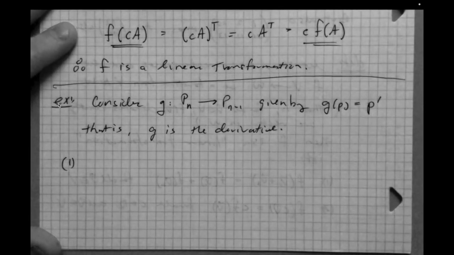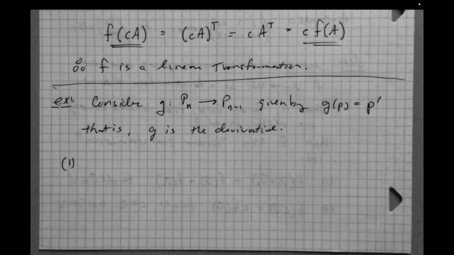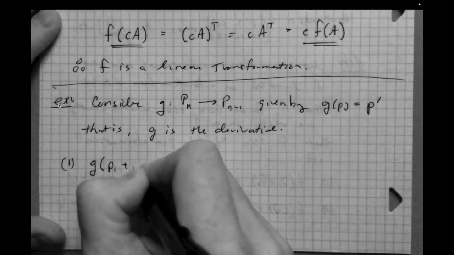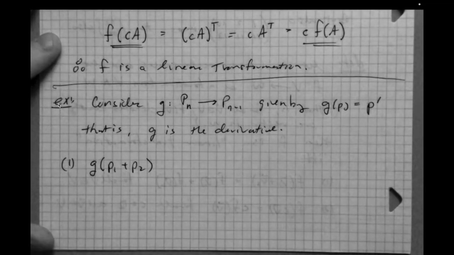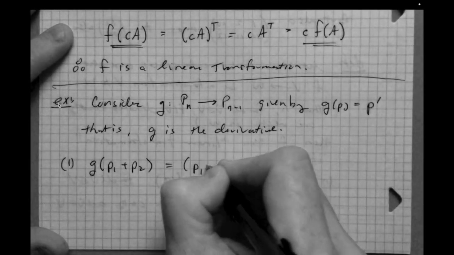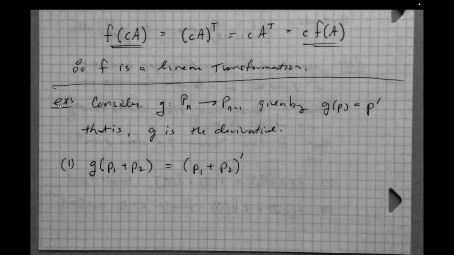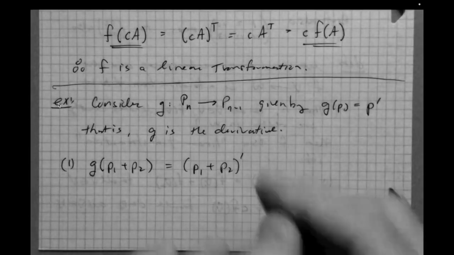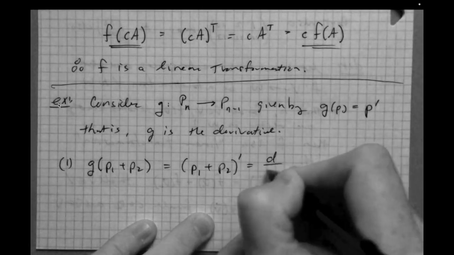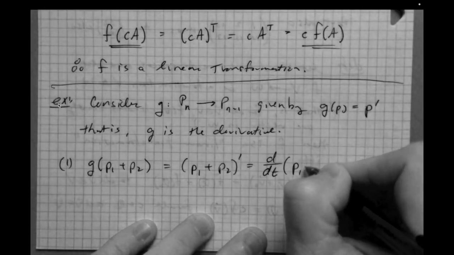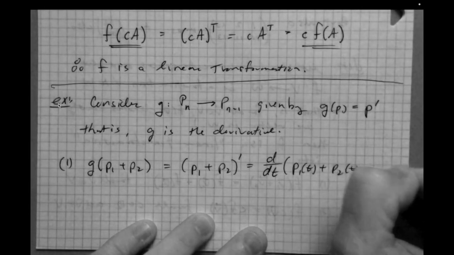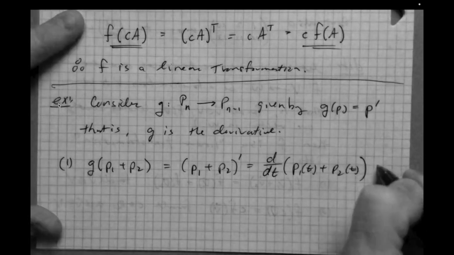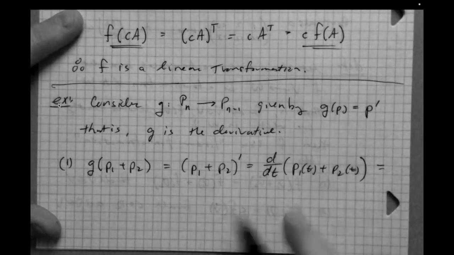So first thing we need to show is that when we apply g to the sum, we get the same answer as if we apply g separately and then added, right? So we'll start with g of p1 plus p2. Okay, and so that just is equal to the derivative of p1 plus p2. Now, you may recall from calculus, let me write it slightly differently. If I take d/dt of p1(t) plus p2(t), this is sort of the notation that we're used to from calculus. I know that I can break the sum apart, can't I?